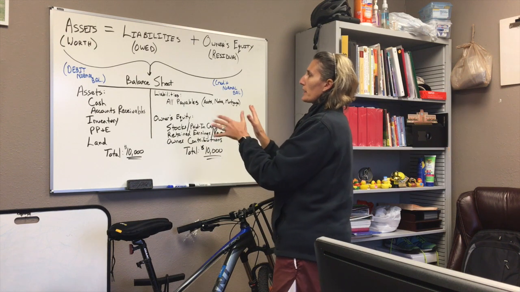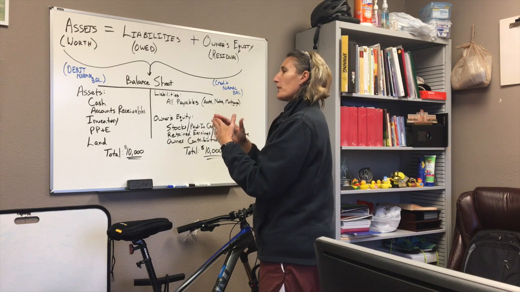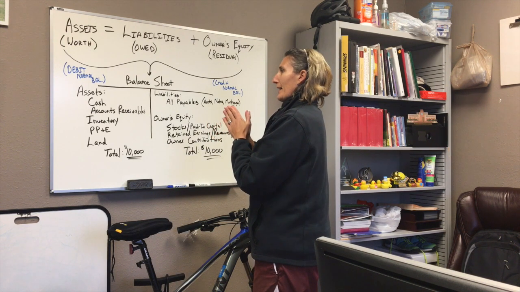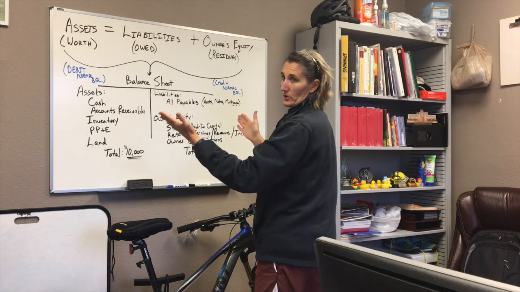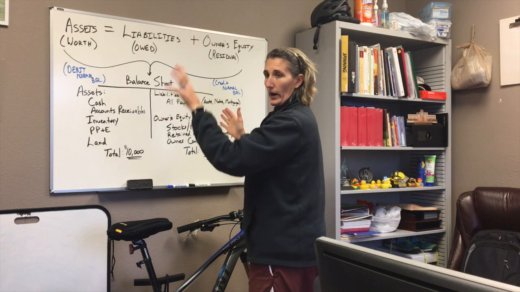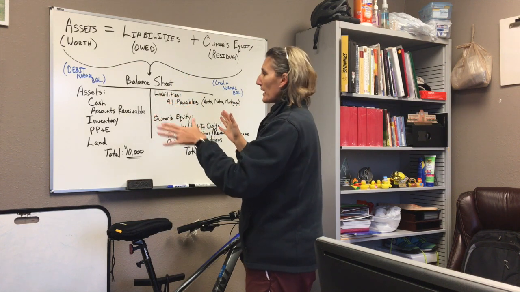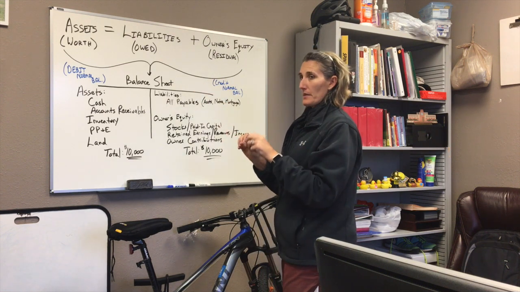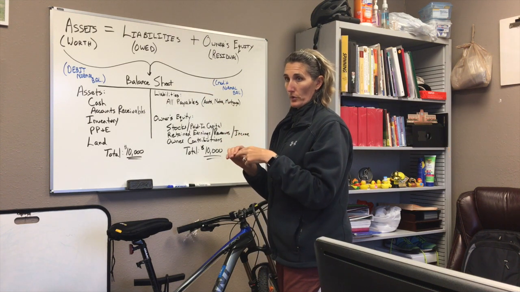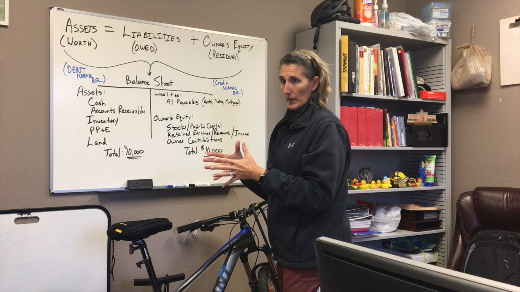So anytime they generate a balance sheet, it shows whether or not they have enough assets to cover their liabilities or whether they don't. So you can kind of see where they stand. The balance sheet and the income statement are probably the two most important financial statements of any company.